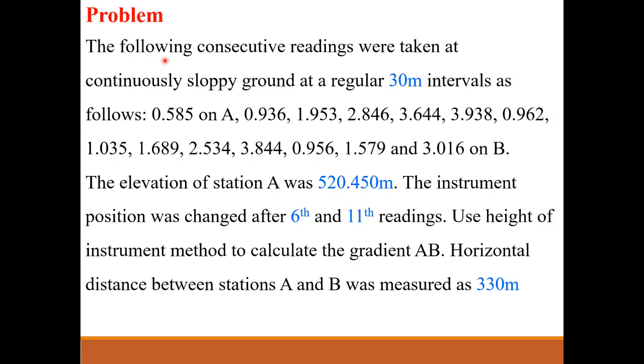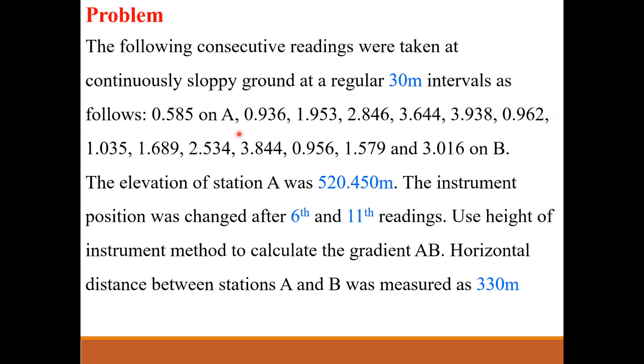Okay, let's start. The problem statement says the following consecutive readings were taken on continuously sloping ground at a regular interval of 30 meters. These are the staff readings. At first point we named it A. Reading was 0.585.